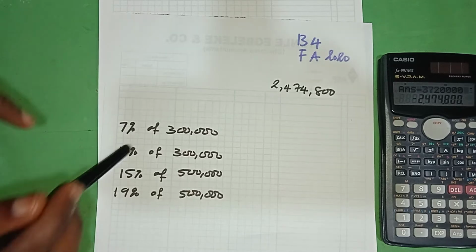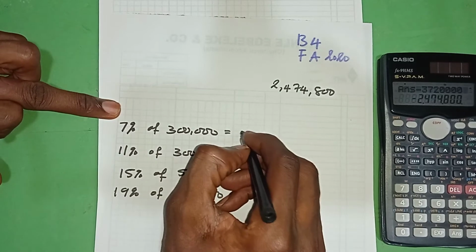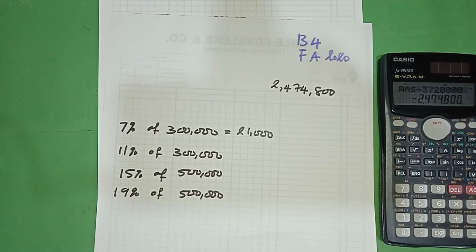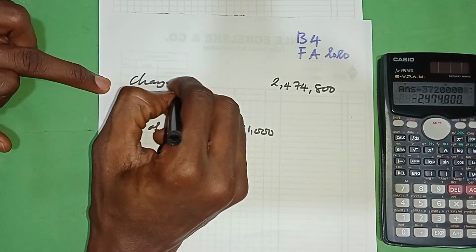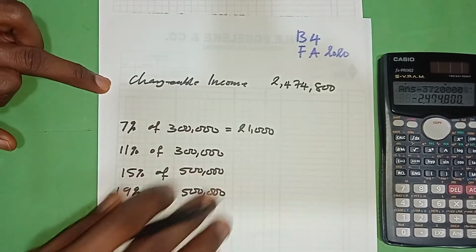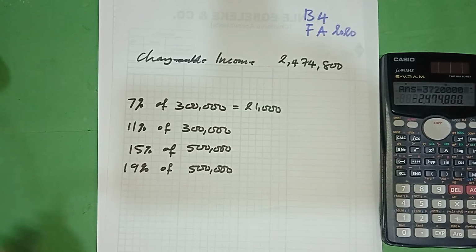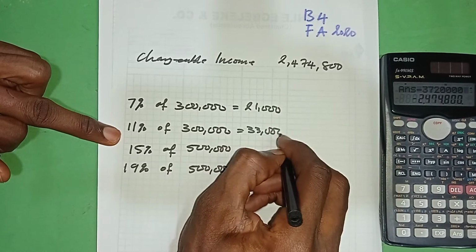For 7% of 300,000, that will give you 21,000 naira. 11% of 300,000 will give you 33,000.